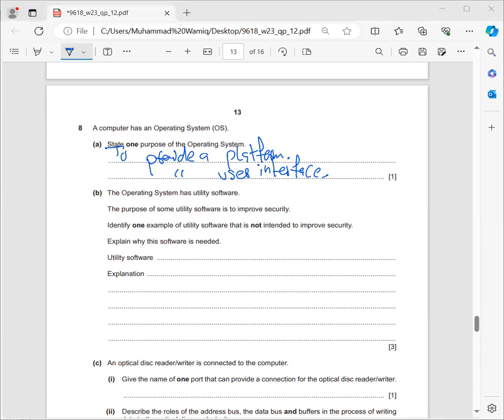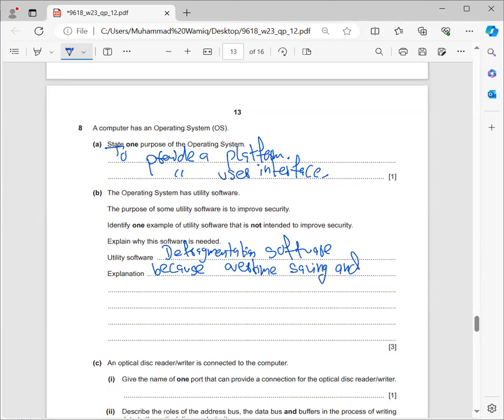Now, utility software, you have a bunch of them. For example, disk defragmentation, disk content analysis, file compression, disk formatter. So you just need to write, for example, defragmentation software. And why is that? Because over time, saving and deleting of small files fragments the disk.